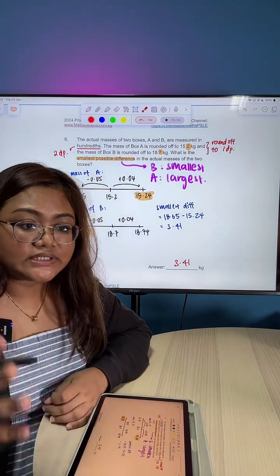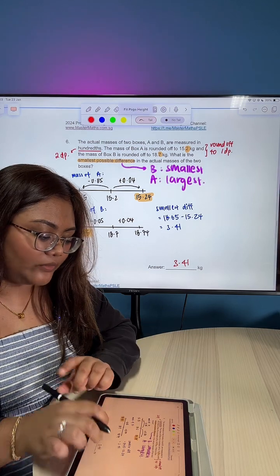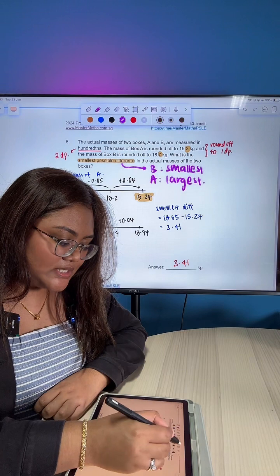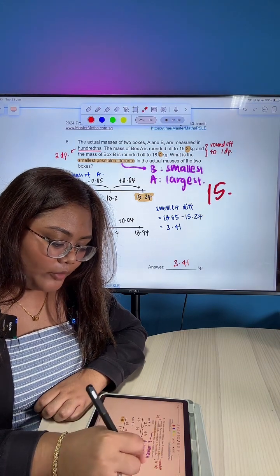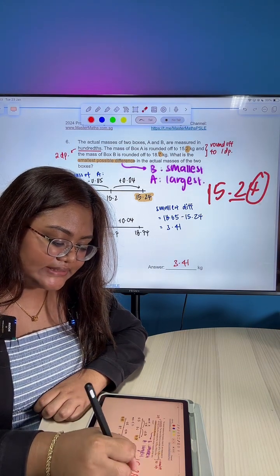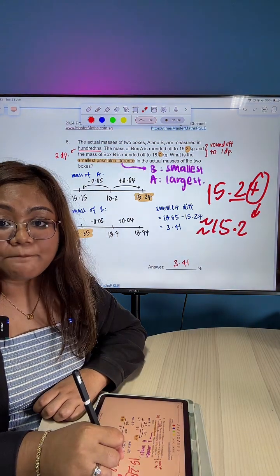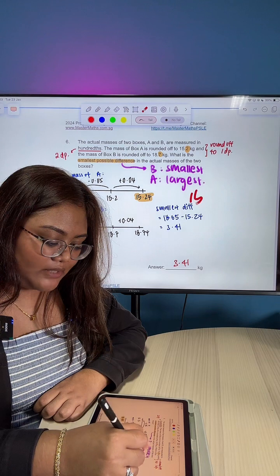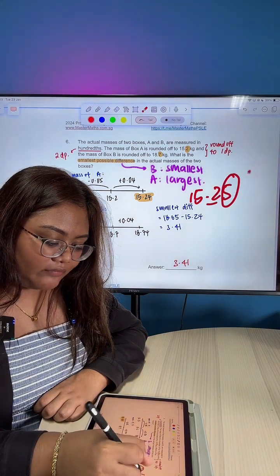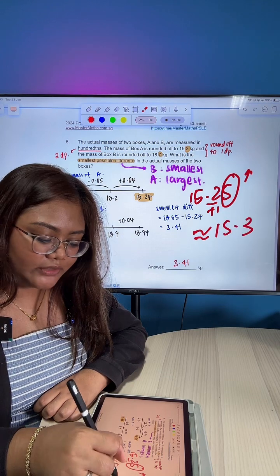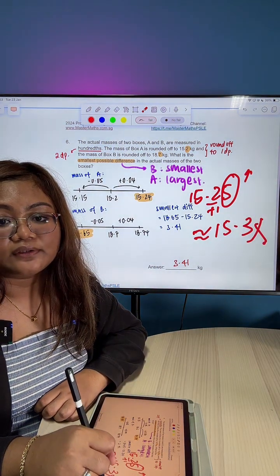So I can continue this on and on, and I will realize that the maximum that I can use is 15.24. This is the biggest that gives me 15.2. Anything more, let's say 15.25, when I round off, I am going to get 15.3, also not what I want. Okay?